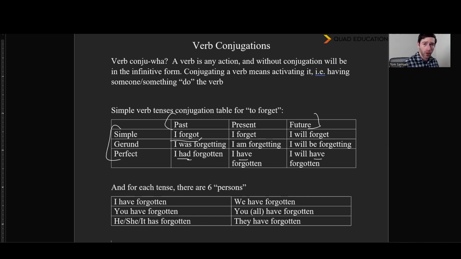And for every verb in every tense, there are 6 persons. So this is where we're going to feel a lot like Spanish or French class. So let's say we pick something like the present perfect tense. So for all 6 persons, that's going to be I have forgotten, you have forgotten, she, it, he has forgotten, we have forgotten, you all, so you plural have forgotten, they have forgotten.